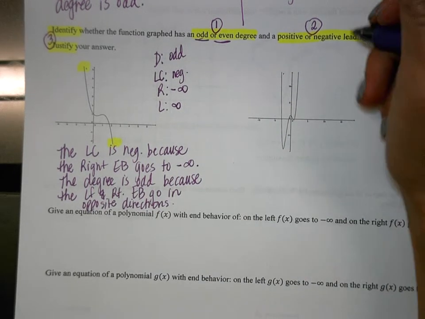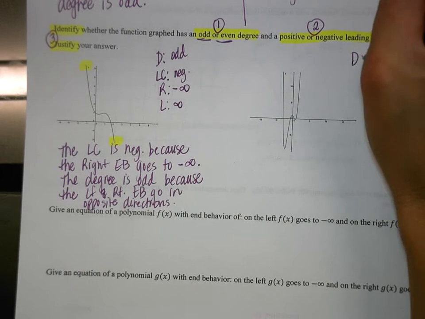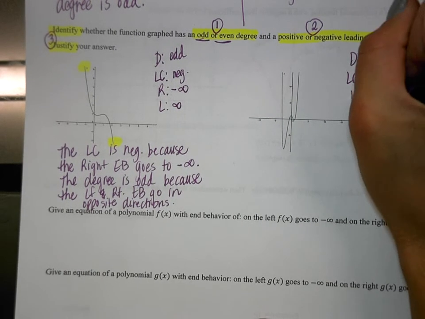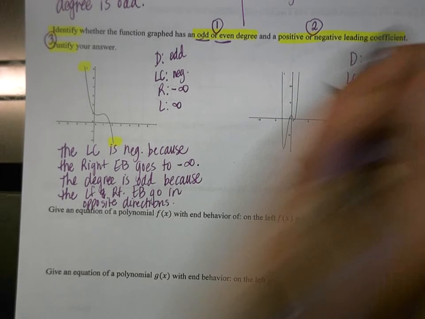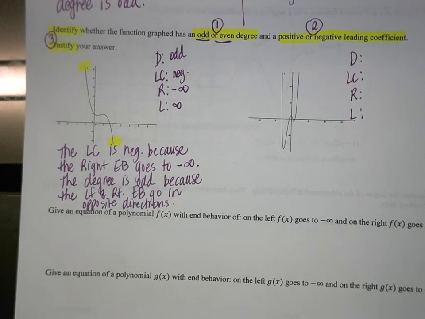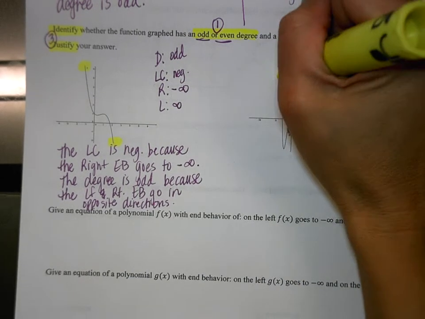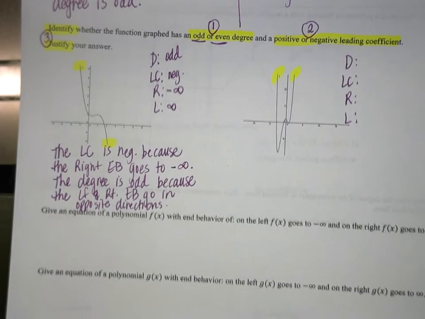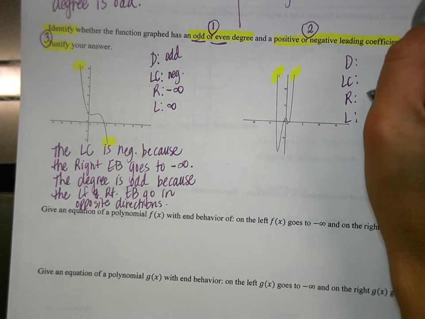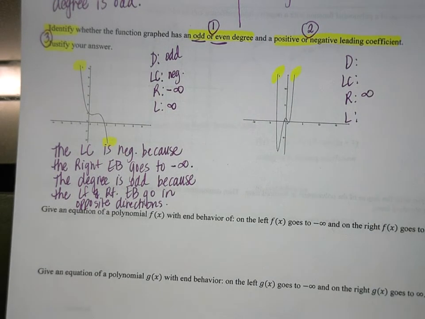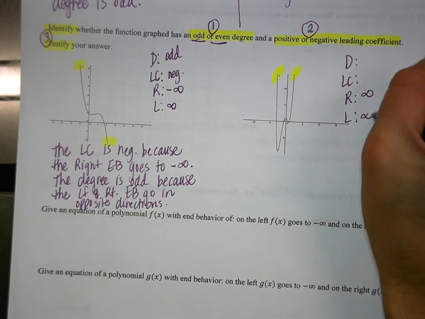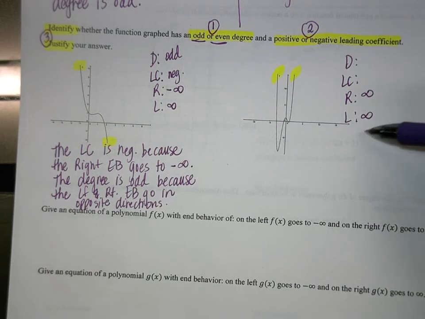So again, we have our degree, we have our lead coefficient, our right end behavior, and our left end behavior. So when we are looking at this graph, my right end behavior is what? Positive infinity. My left end behavior is what? Positive infinity. Okay, so based on them being in the same direction, we know what about the degree? Even.